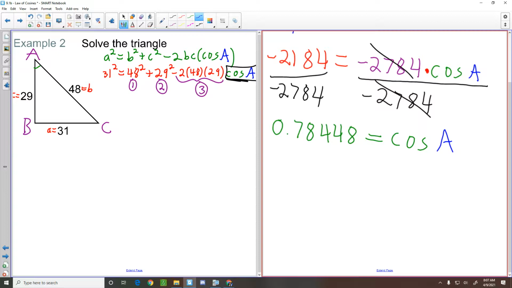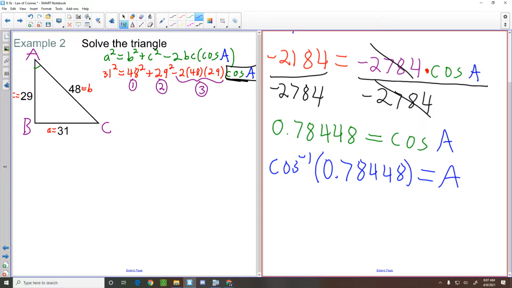But remember, the last thing we need to do is find A itself. So what do I need to use at this point, everybody? Thank you. Yes, the cosine inverse. To solve for an unknown angle, use the inverse. So I'm going to say the cosine inverse of this decimal of 0.78448 will equal angle A. So second cosine inverse.